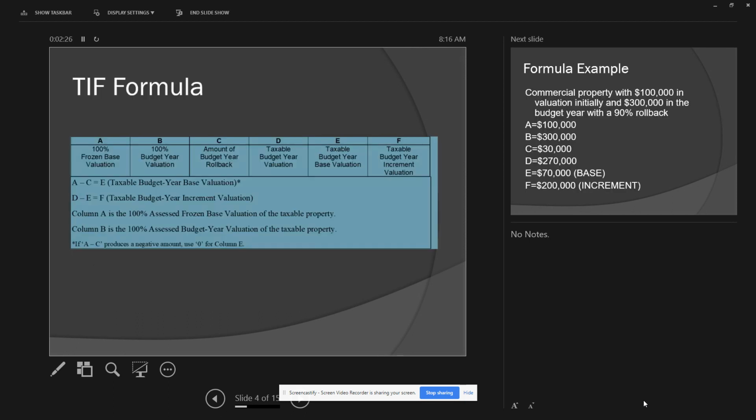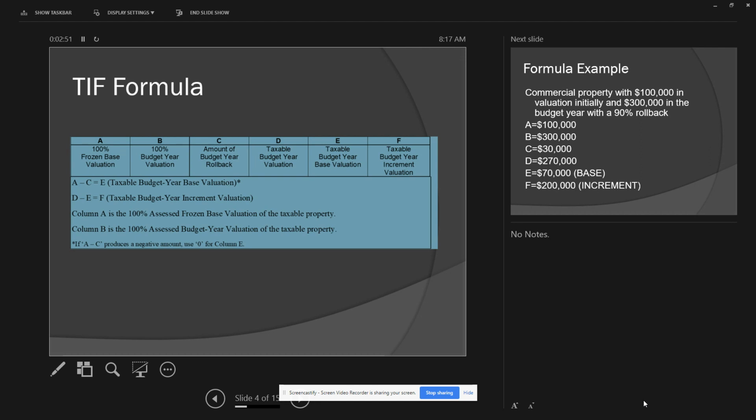So when we look at the TIF formula, we have letters A through F. A is the frozen base valuation, 100% frozen base valuation. B is 100% budget year valuation. So A, of course, is: what's the frozen base? What was the value prior to this TIF going into being?